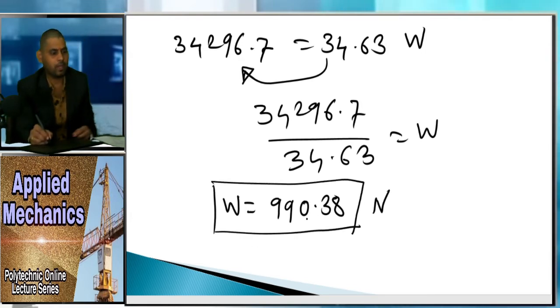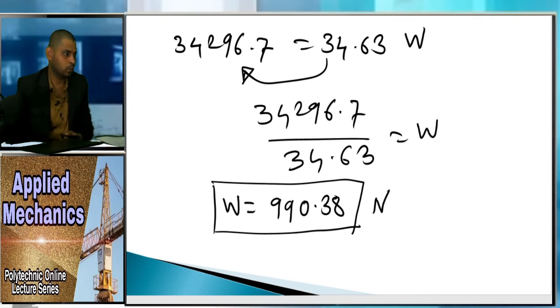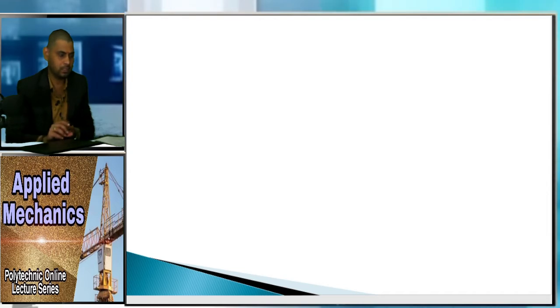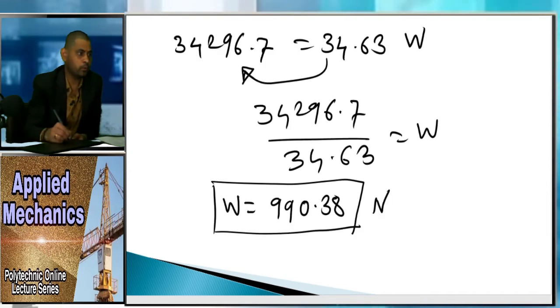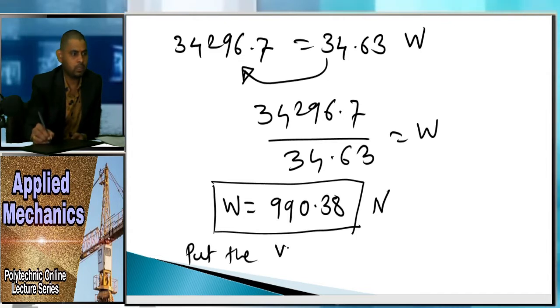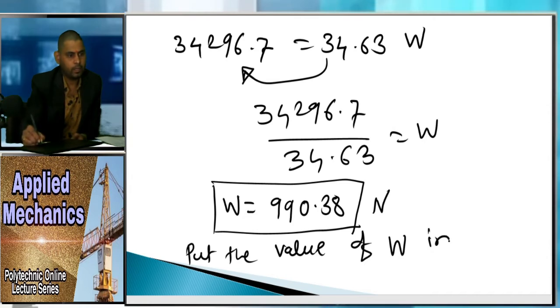Now we have to find out the coefficient of friction, that is unknown to us, right? So we have to find out two terms here, one is W and the second one is the coefficient of friction. Now put the value of W in equation 1, or in equation 2 or 4.